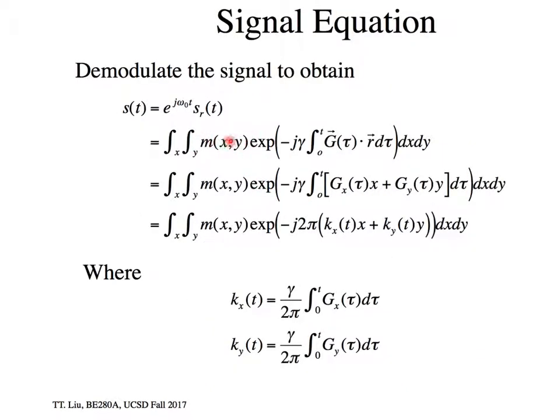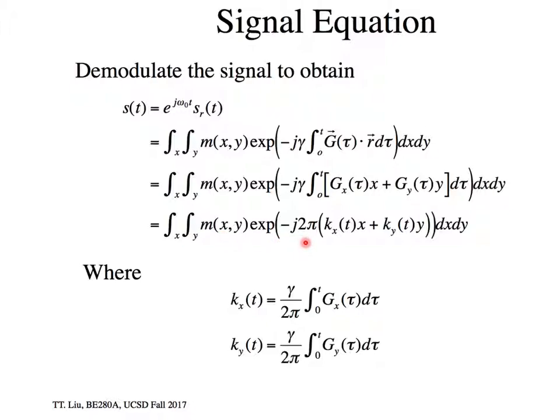This is MXY. If M is 0, that means there's nothing there. It's just air. If M naught is large, I have some signal there. And the frequency, or the composition of this time domain signal, is the superposition of the oscillations of MXY at different locations in the sample.